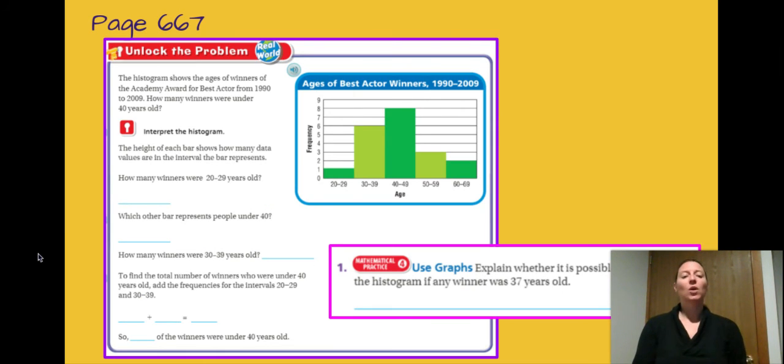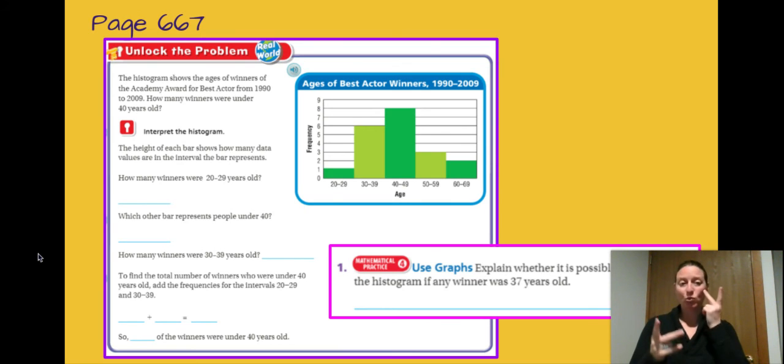So on page 667, we're going to look at a histogram for the ages of Best Actor winners between the year 1990 and 2009. The question is, how many winners were under the age of 40 years old? So we need to refer to the histogram to interpret the information.